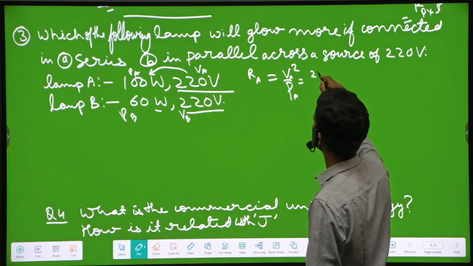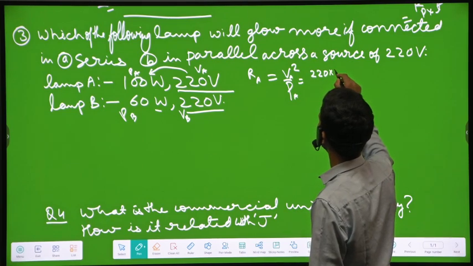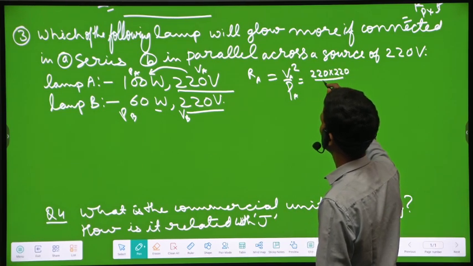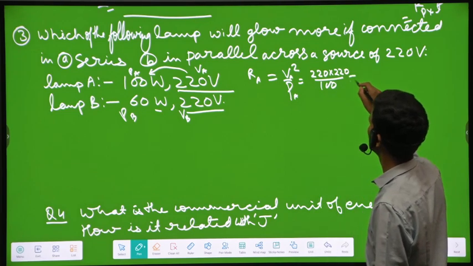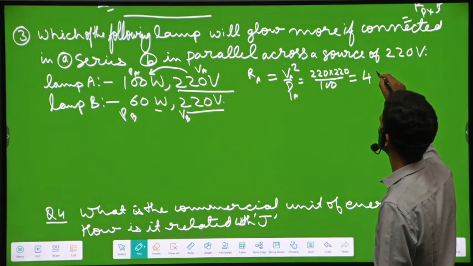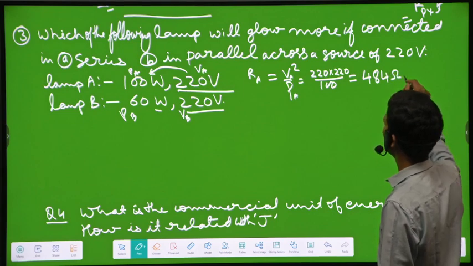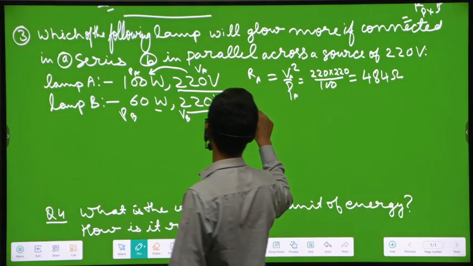That is 220 multiplied by 220 divided by 100. This is 22 multiplied by 22. That is 484 ohm.